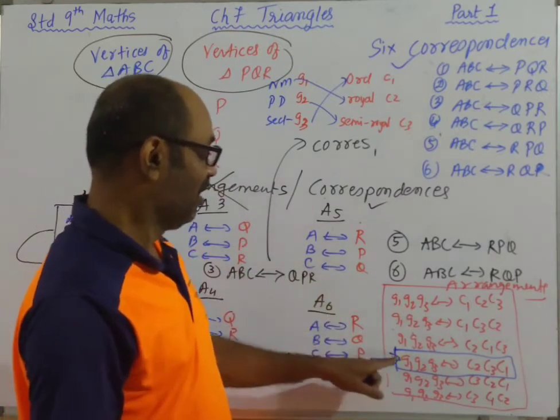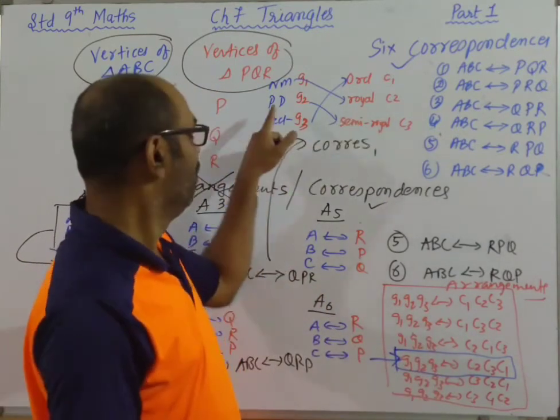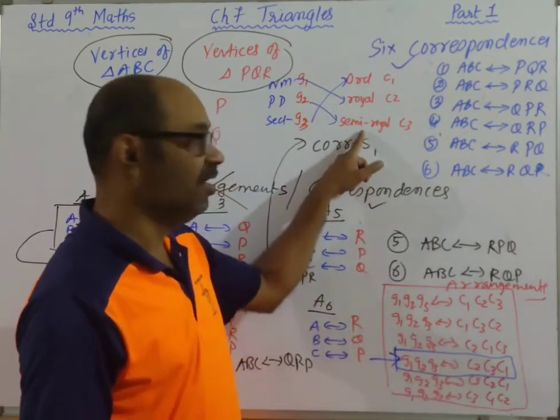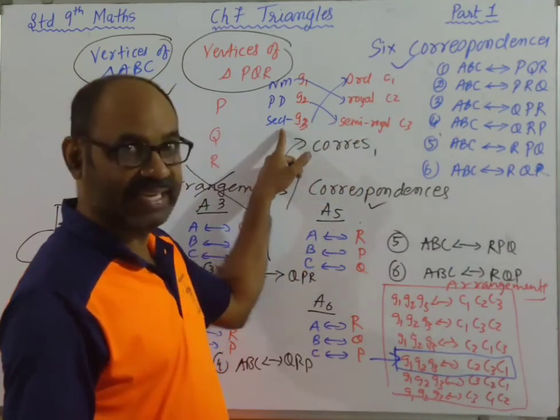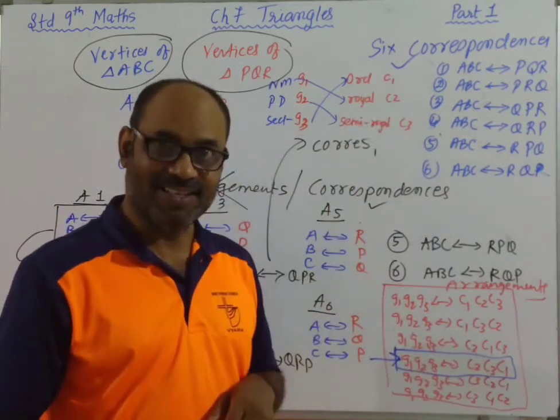Organizer देखेंगे कि नरेंद्र मोदी G1 sits on C2, that is royal chair. Guest 2 Piyush Bhai Desai G2 sits on chair 3, which is semi-royal, and the secretary G3 sits on chair 1, that is ordinary chair.